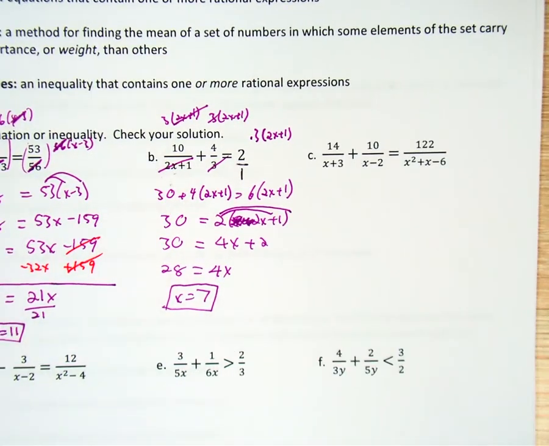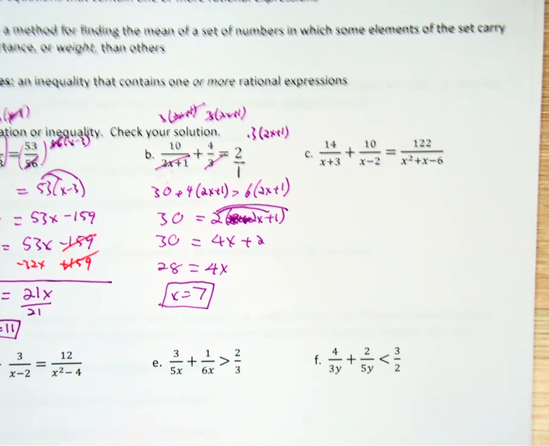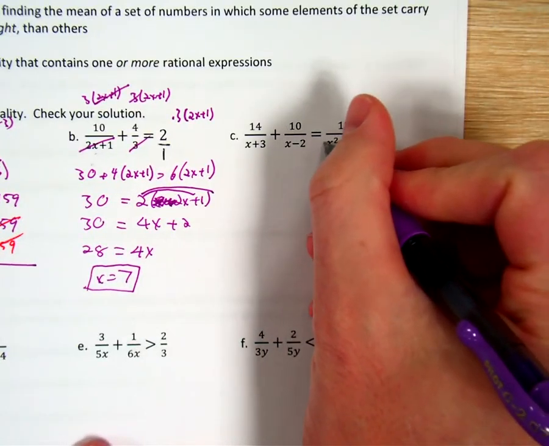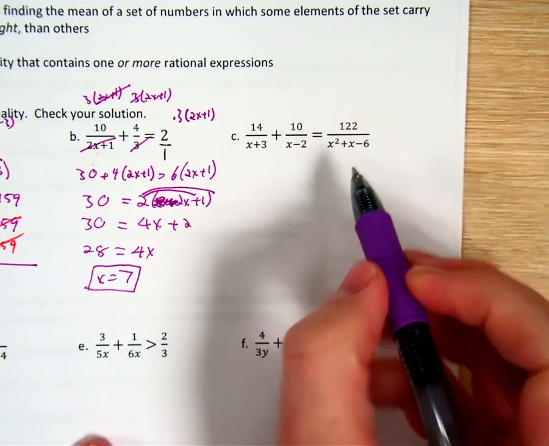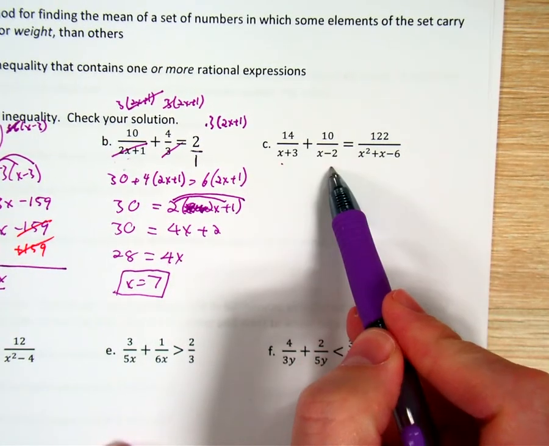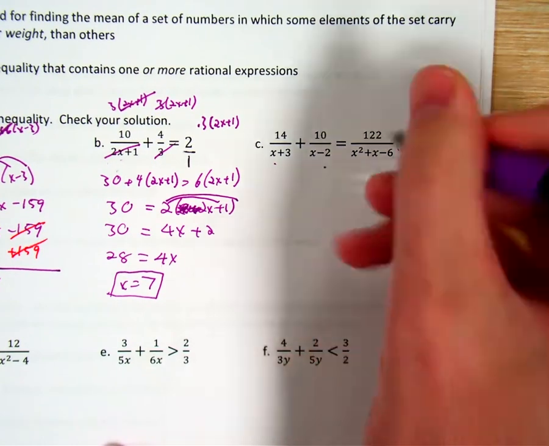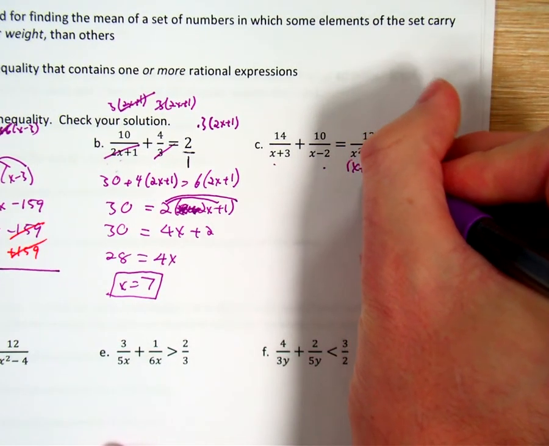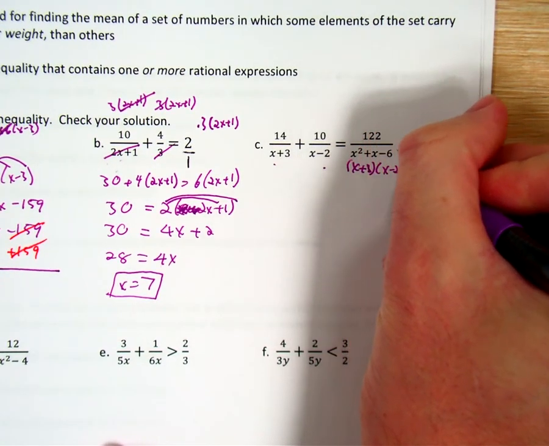Alright, this next one involves factoring. We're going to need to factor this denominator out. A lot of these, it's going to be super nice, right? X plus 3, x minus 2, I wonder what this one factors out to be. X plus 3 and x minus 2.